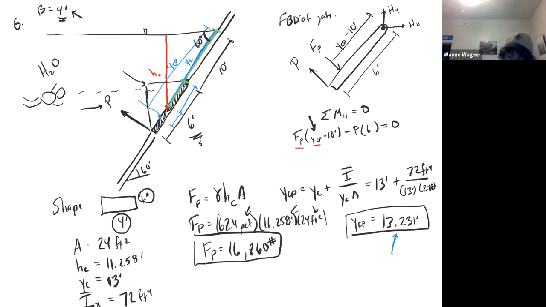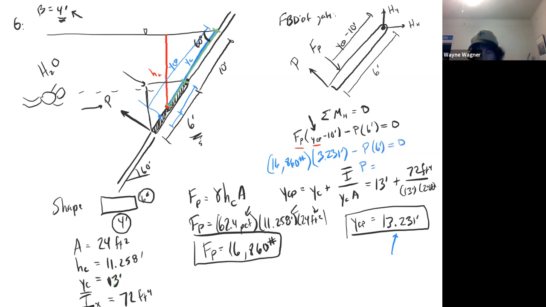Okay, so here we go. We're going to get 16,860 pounds times (YCP minus 10), so that's 3.231 feet, minus P times 6 feet equals 0.